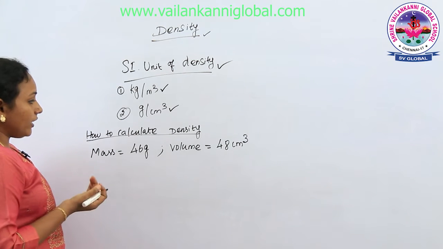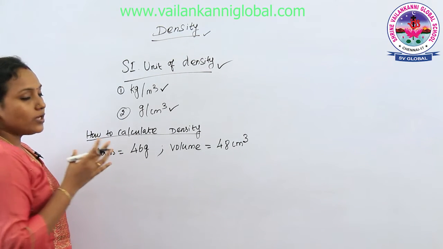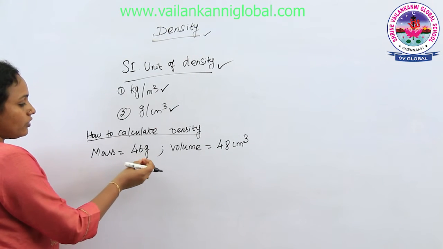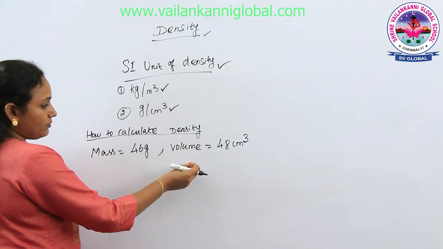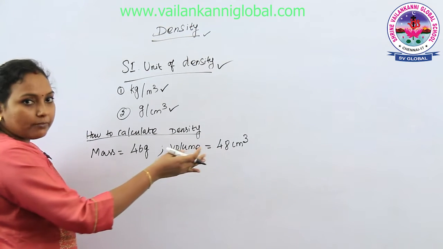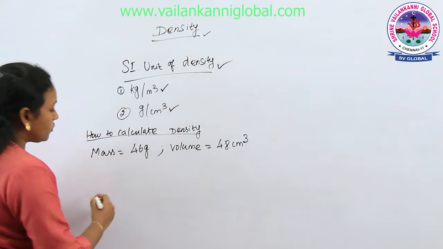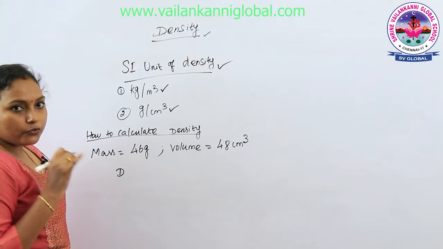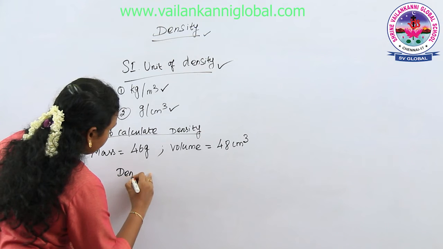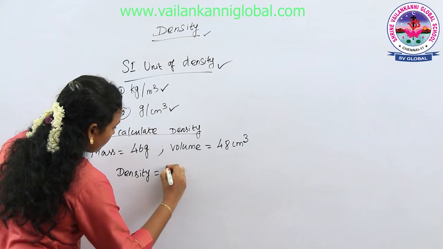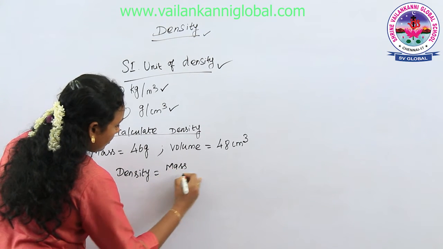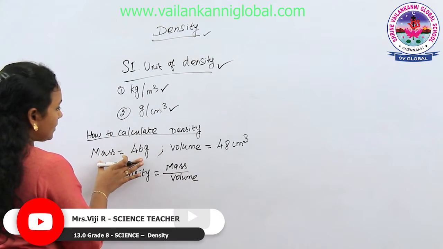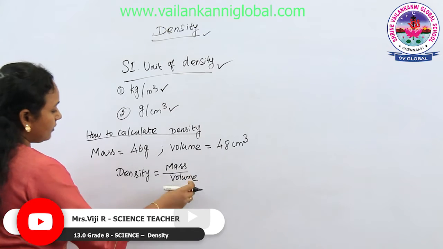Now let's calculate a few problems related to density. The data are given. Mass is equal to 46 gram and volume is equal to 48 centimeter cube. Now we are going to calculate density. Before calculating, we have to write the formula. Density equal to mass by volume. Substitute the mass value as well as the volume value in this formula.